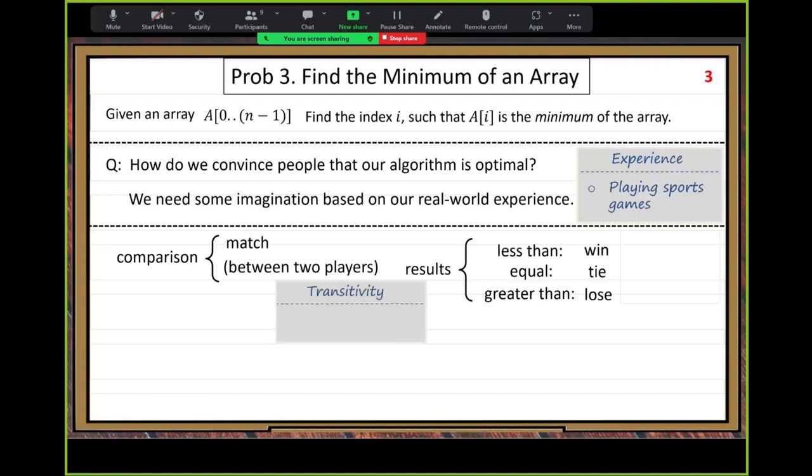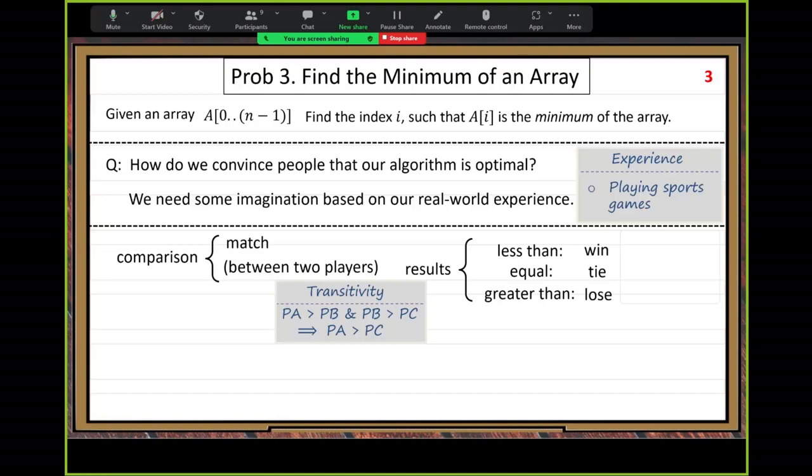But here, in our comparison, there is one arithmetic property we need to use: transitivity, an algebra property. In the real world sports game, there is no such property, but here we have it. What's transitivity? If player A is greater than player B, and player B is greater than player C, then by transitivity, player A is greater than player C. But in a sports game, we don't have that.